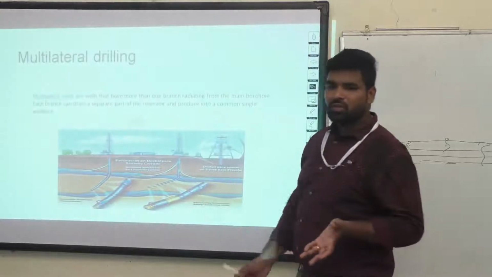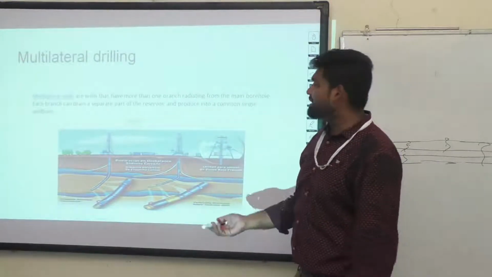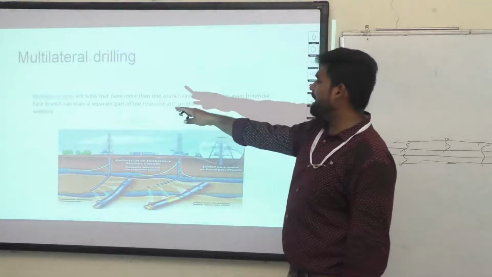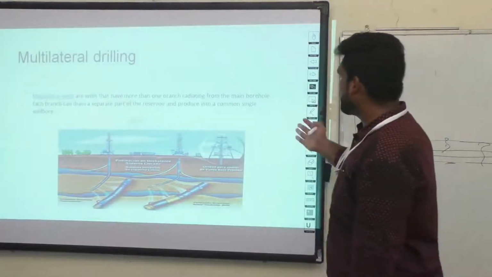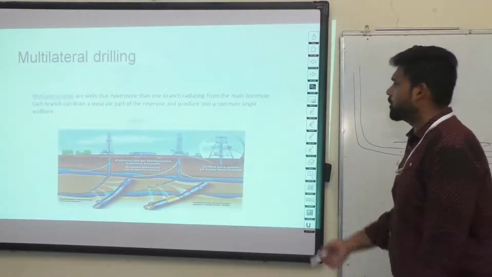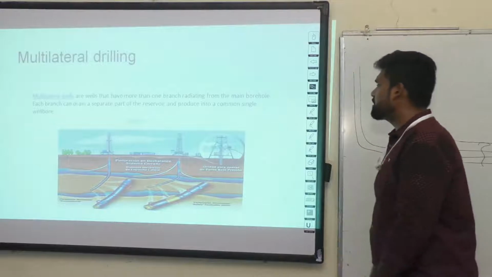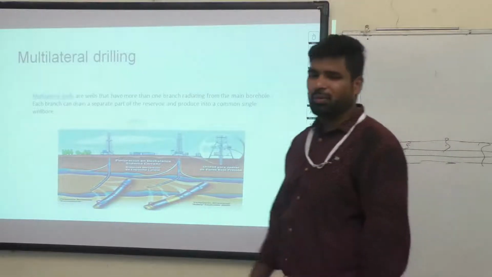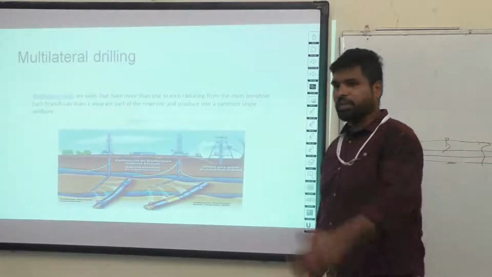This has the same advantages as multiple wells from a single location. Multilateral wells are wells that have more than one branch radiating from the main borehole. Each branch can drain a separate part of the reservoir and produce into a common single well. I will explain that in the later class.